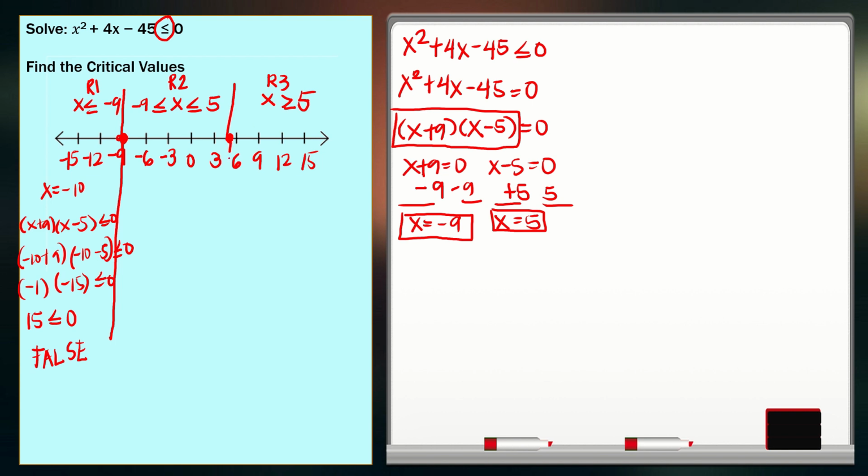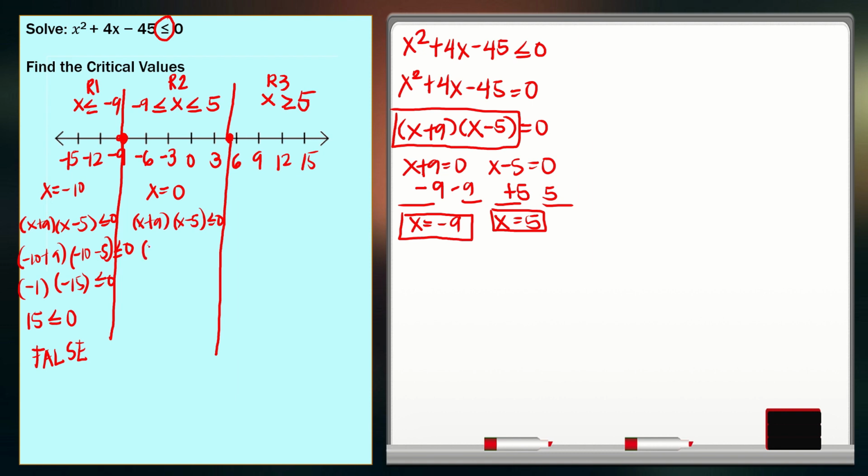Next, we will apply a test point in region 2. So suppose we're going to get 0 as our test point. From our factors again, we have x plus 9 multiplied to x minus 5 is less than or equal to 0.